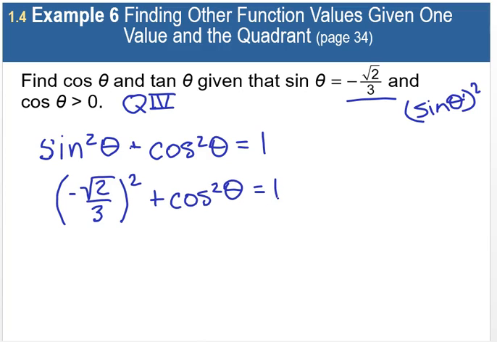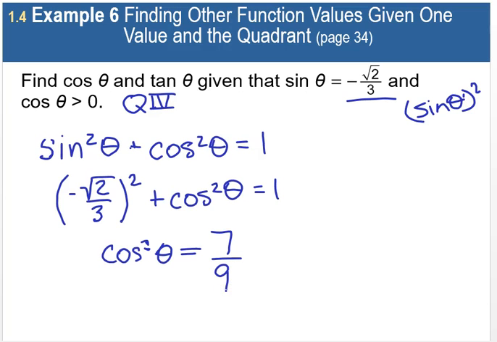Solve for that one first. And what we get is, let's see, we end up getting cosine squared theta is equal to, let's see, 7 over 9.